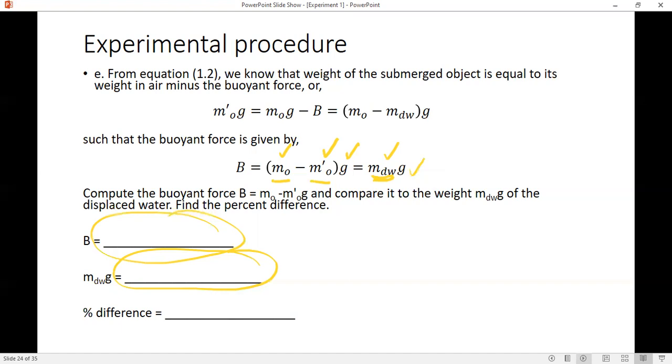So compute those two, and do a percent difference.